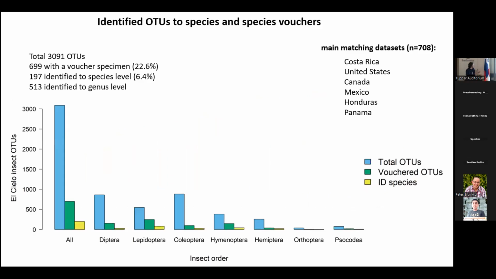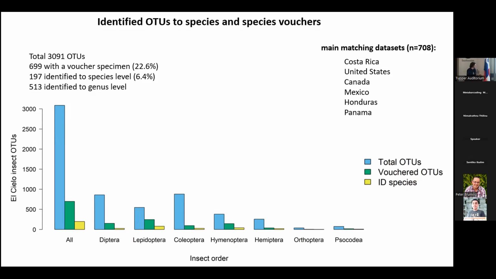If we look at the identifications, of course, that's something we are going to run into a lot during these talks here. Only about 20% of the OTUs had some voucher reference. That means it was either a morphospecies or an unidentified species. But if we consider only species identified correctly to the species level with valid names, it was only 6% of the OTUs, and then 500 were identified to genus level.